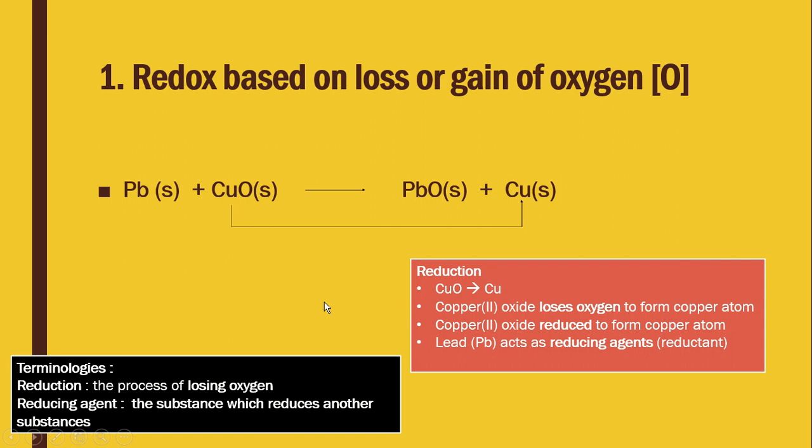So this is the terminology. Reduction is the process of losing oxygen, whereas the reducing agent is the substance which reduces another substance. In this case, this is the reducing agent, and copper oxide undergoes the reduction process to form copper atom.